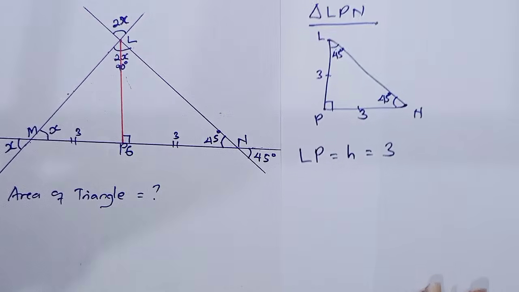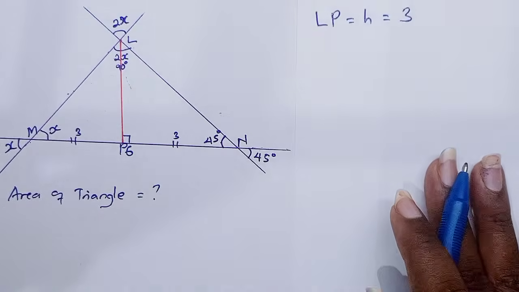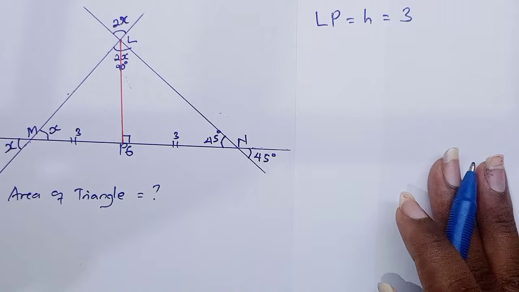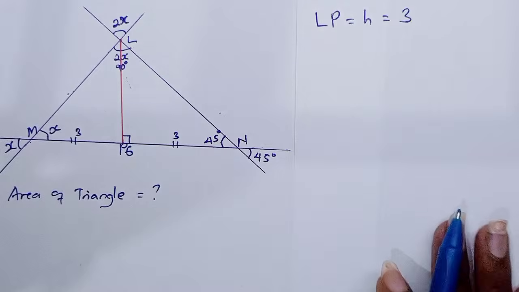If you didn't want to use that method, you could have used the property of trigonometry, which is the SOHCAHTOA, to find the height. Okay.